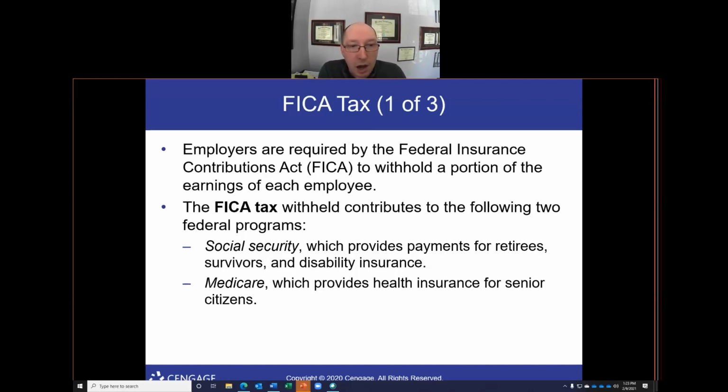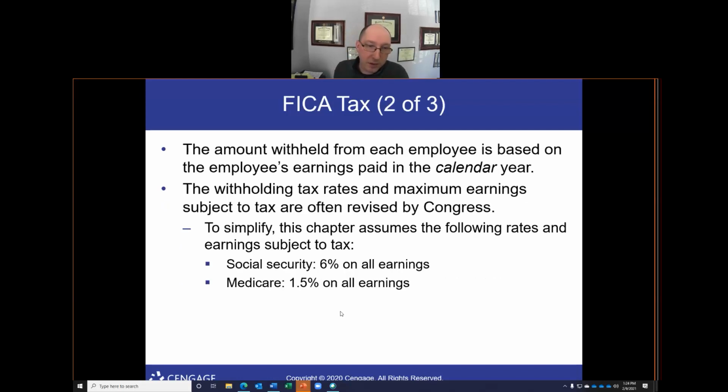Okay. Employers are required to pay federal insurance contributions. These are Social Security, Medicare, and unemployment benefits. Employers and employees are required to pay into Social Security.